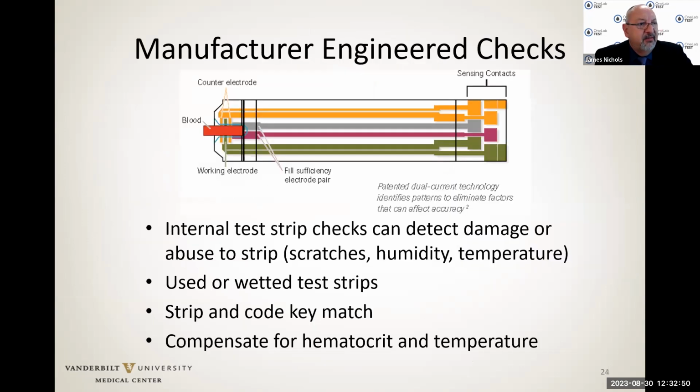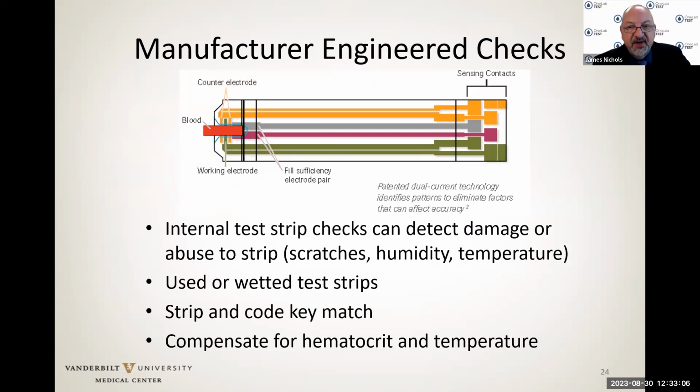And there are manufacturers out there now that actually, when you insert a test strip, they can detect damage, abuse to the strip, reuse, used or wetted test strips, scratches, effects from humidity, even temperature.